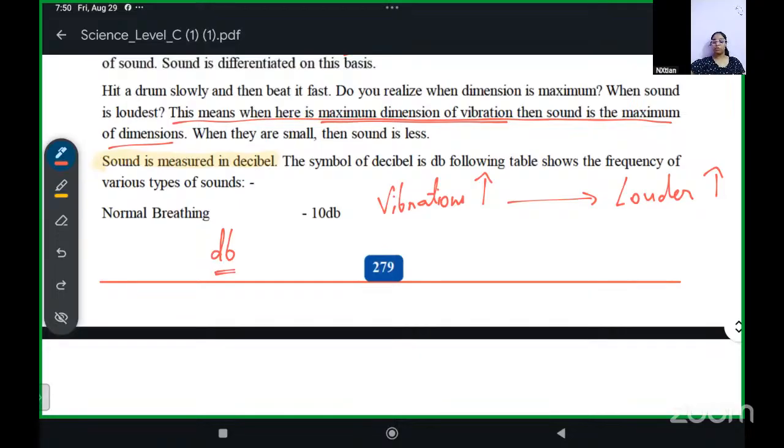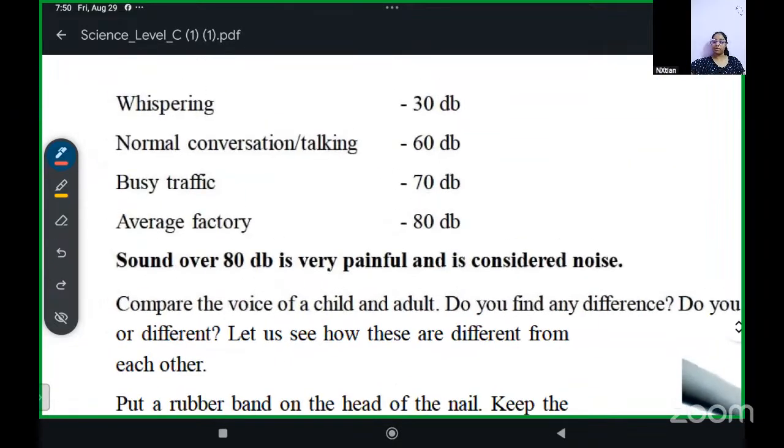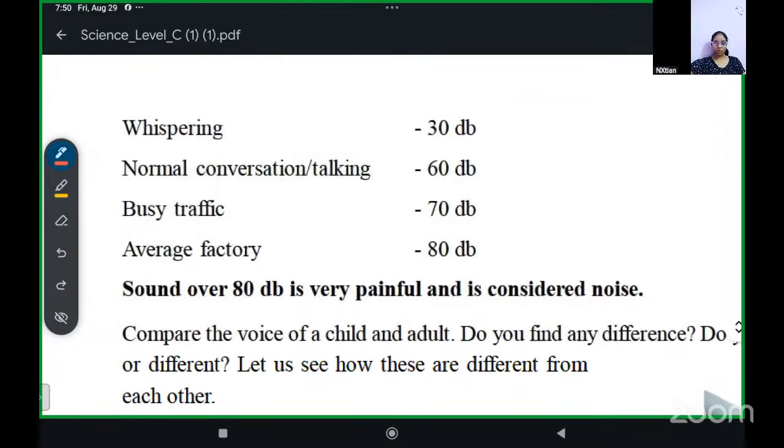The following table shows the frequency of various types of sounds. Frequency means how low they are and how high they are. So let's see normal breathing. Normally, when we breathe, it is 10 decibel. Whispering is 30 decibel.